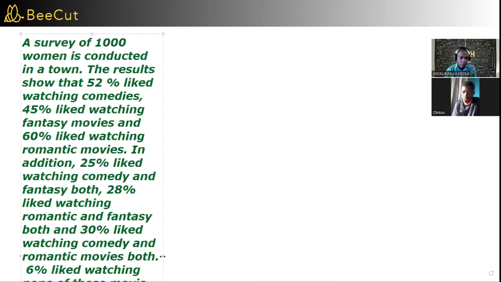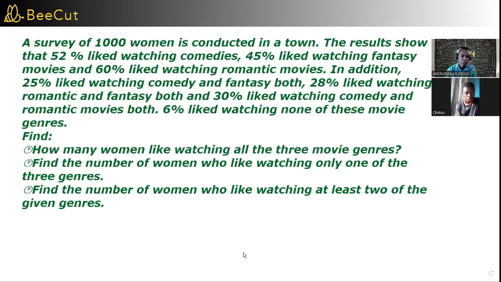So let's see what the question states here. So here is the question. A survey of 1,000 women is conducted in a town.